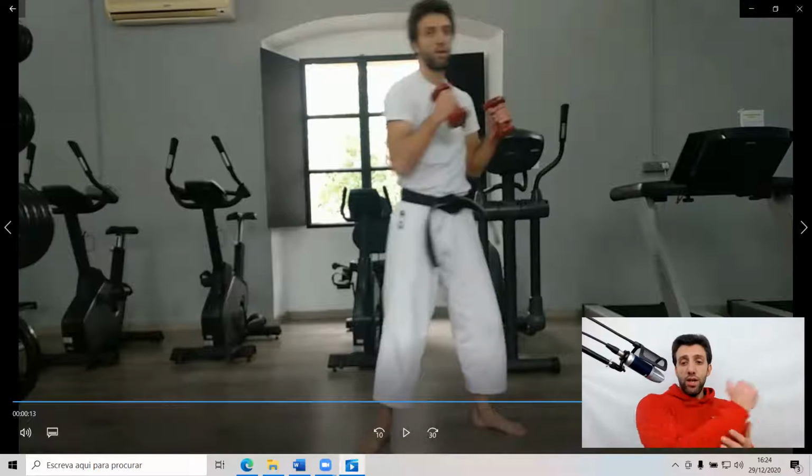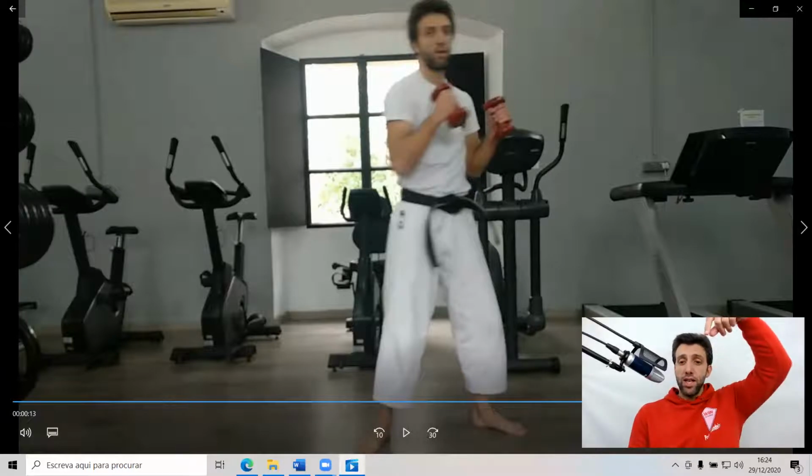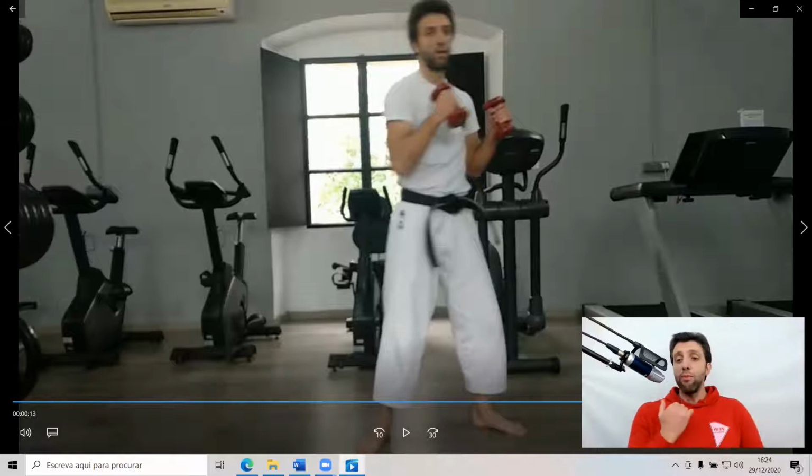If the punch is made in this direction and the dumbbell is putting the resistance in this direction, I'm not stimulating my muscles in the right direction.